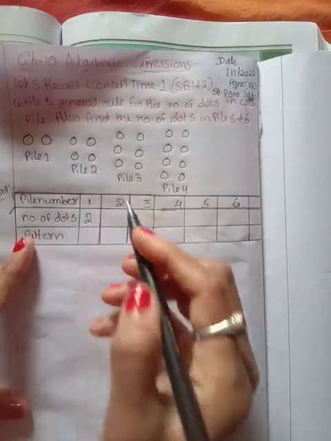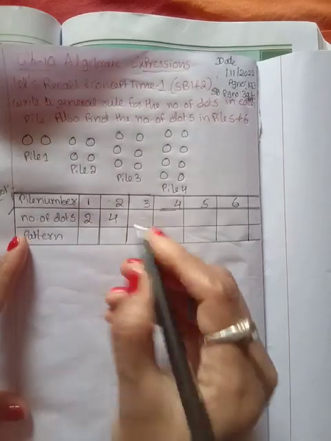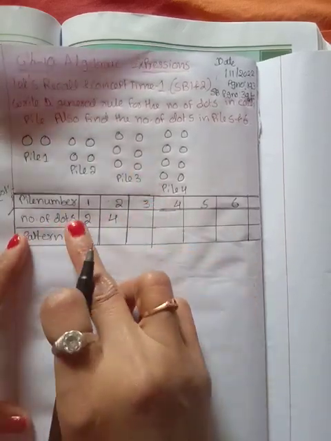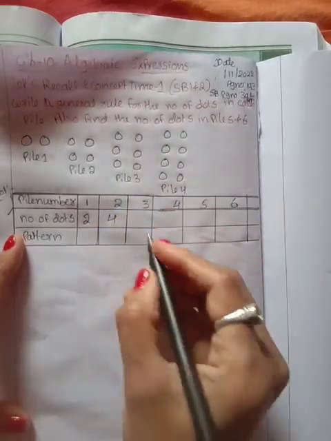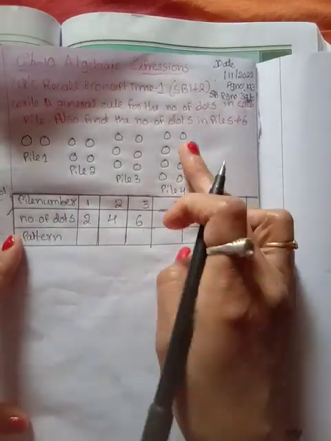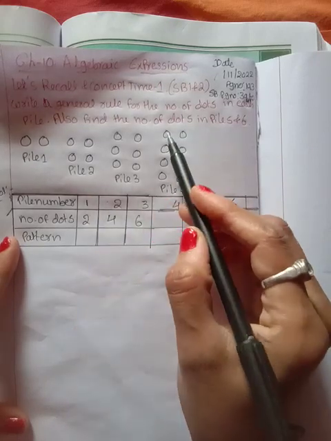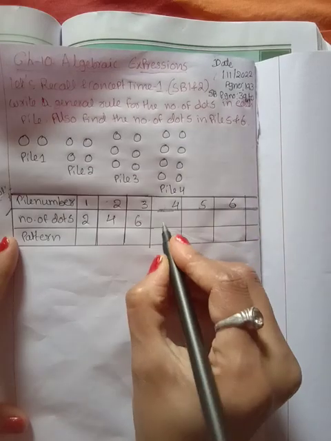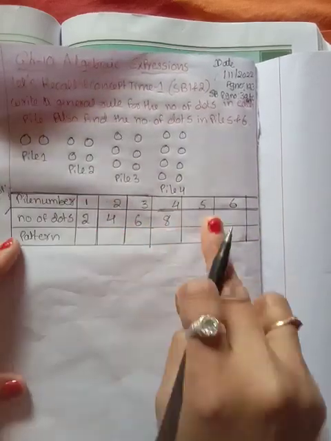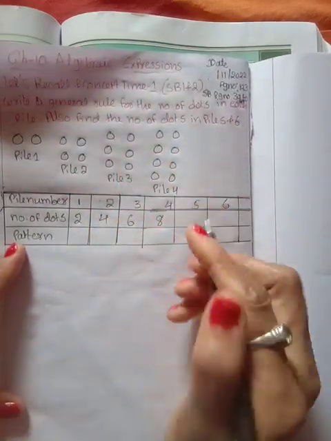File number 2, how many dots are there? 4 dots. File 3, how many dots? 1, 2, 3, 4, 5, 6. File 4, how many dots? 1, 2, 3, 4, 5, 6, 7, 8. So each time 2 more dots are added.